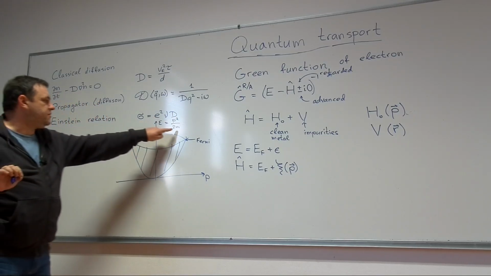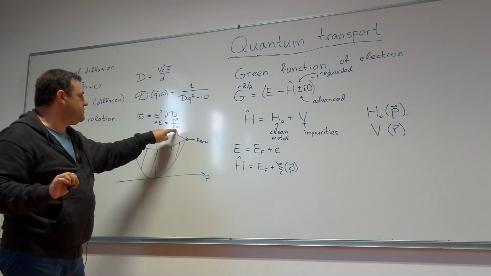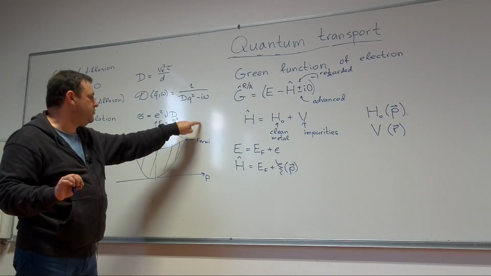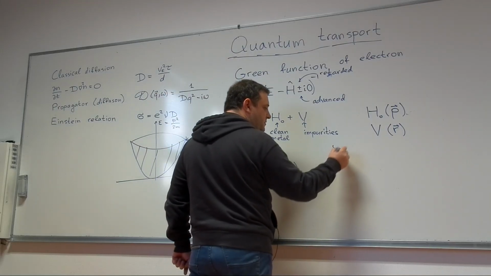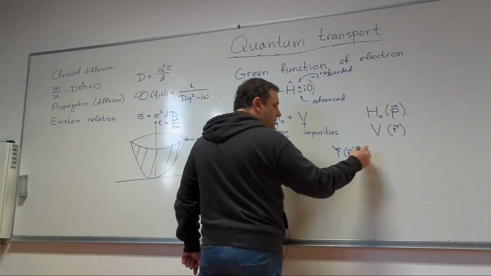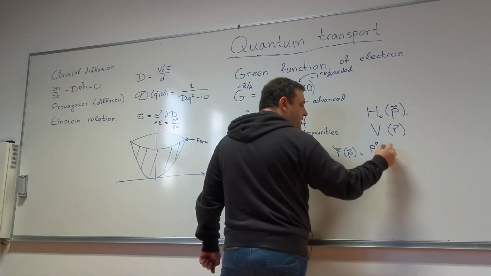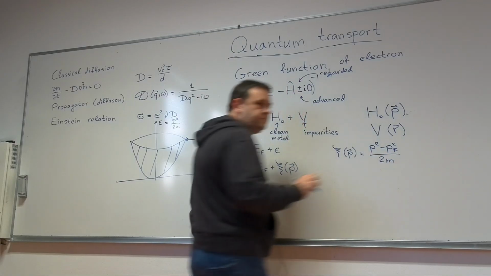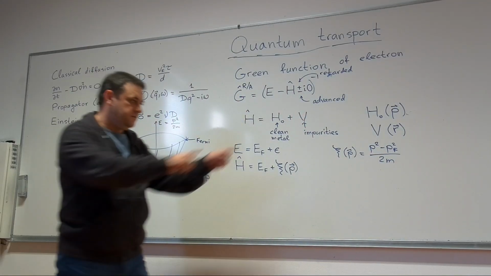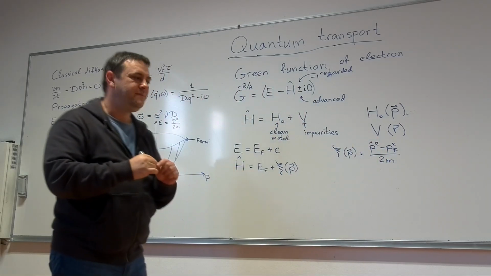And if we subtract from this, so this is the Hamiltonian, p squared over 2m is the Hamiltonian. If we subtract Fermi energy, psi of p is, in that case, p squared minus p Fermi squared divided by 2m. And here, p is the operator, and p Fermi is a number.